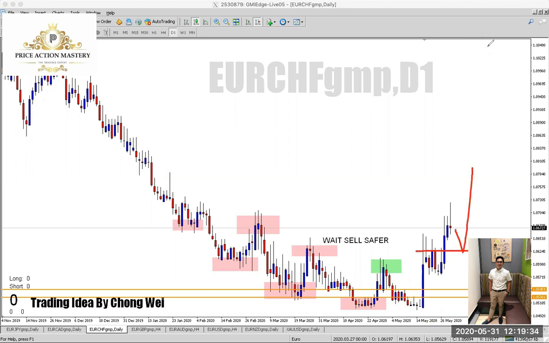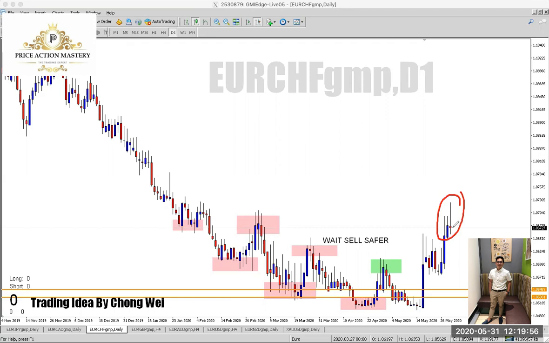Another thing is a lot of people will be saying, oh, this is a pin bar, so we're going to have a sell position. But a pin bar doesn't mean it's 100% going to drop. A lot of people's perspective is that when a pin bar comes out, we can go for sell.